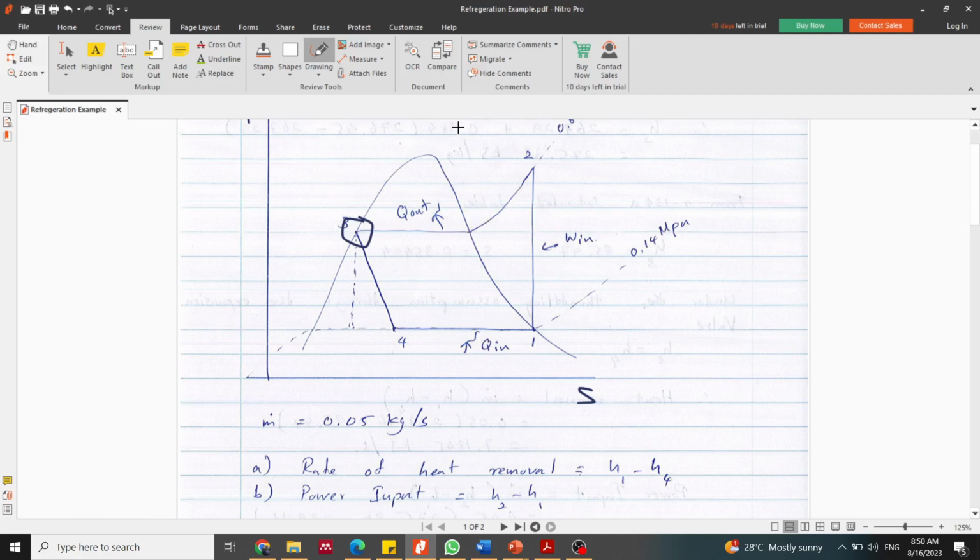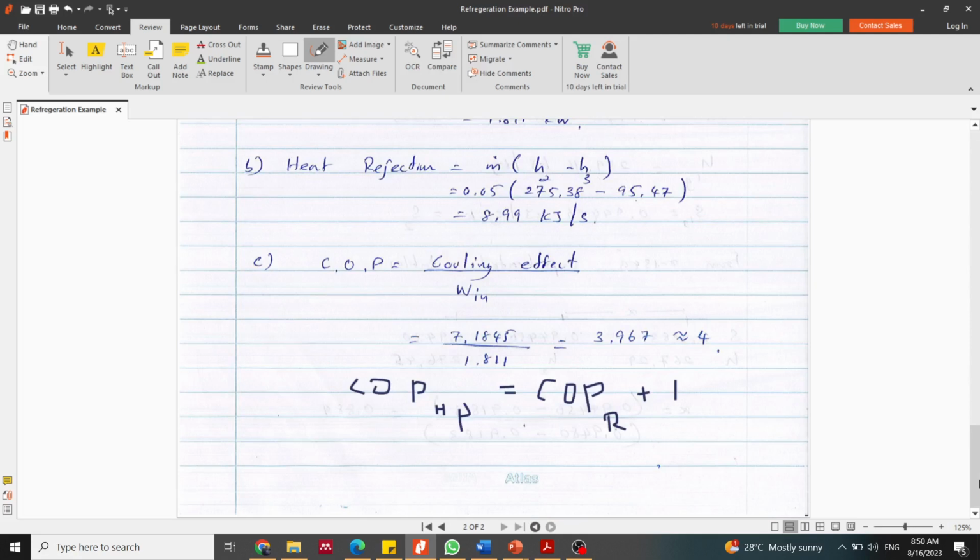So 4 plus 1, 5 units of heat energy will be dissipated to the environment, right? That's why COP becomes 1 plus COP of refrigeration, right?